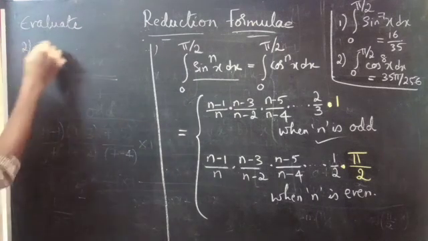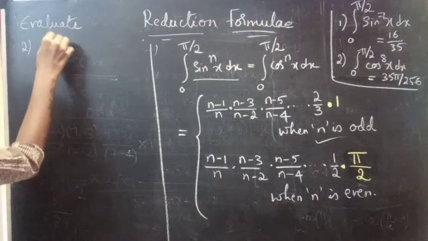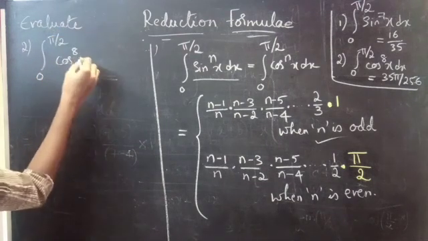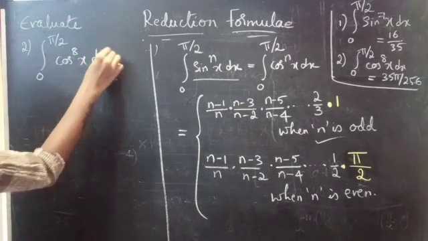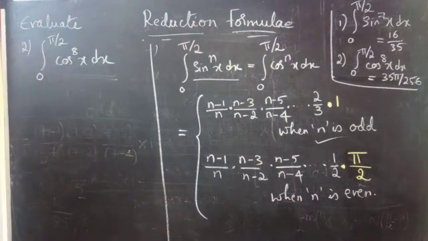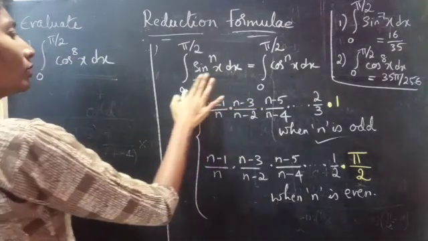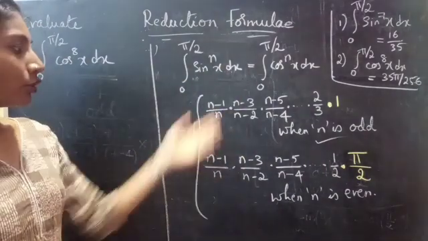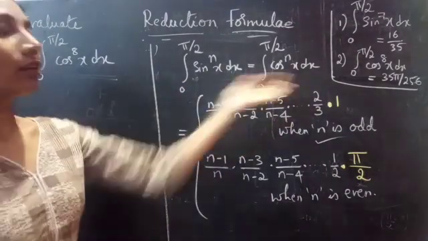Evaluate integral from 0 to pi by 2 of cos power 8x dx. Now you can use this formula for both sine and cos.